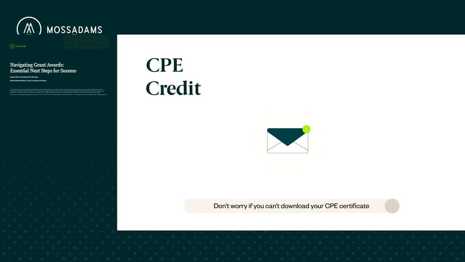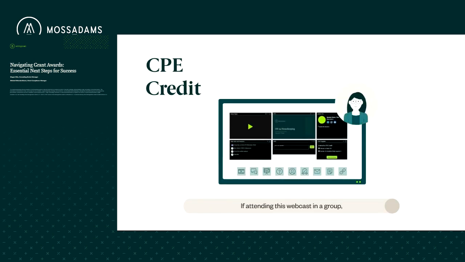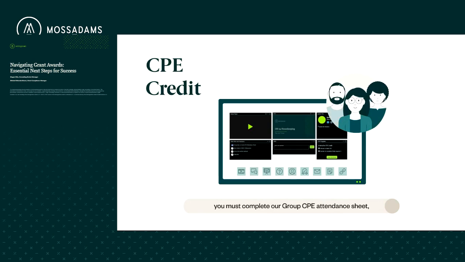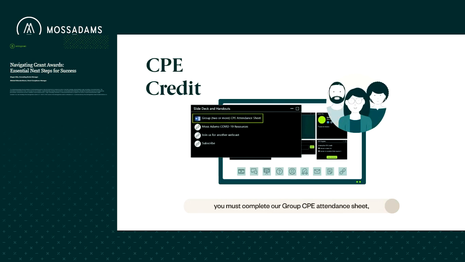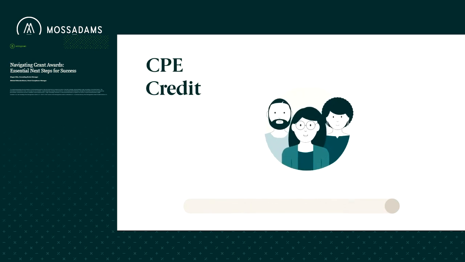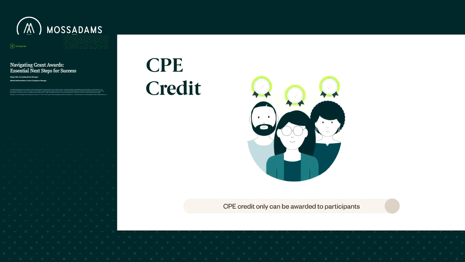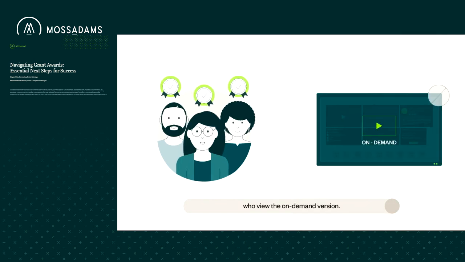Don't worry if you can't download your CPE certificate today. We'll email you a copy in 2 weeks. If attending this webcast in a group, you must complete our group CPE attendance sheet, available in our slide deck and handouts widget to receive credit. Please have all group members sign it and send only 1 sheet per group. CPE credit can only be awarded to participants registered as themselves and isn't available for participants who view the on-demand version.